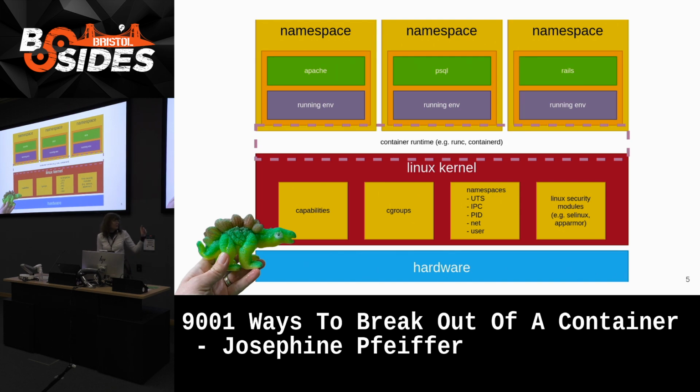Then we also have the security modules that help in that regard. Security modules in the Linux kernel are a framework that provides a standardized way to plug in additional security policies and access control mechanisms.